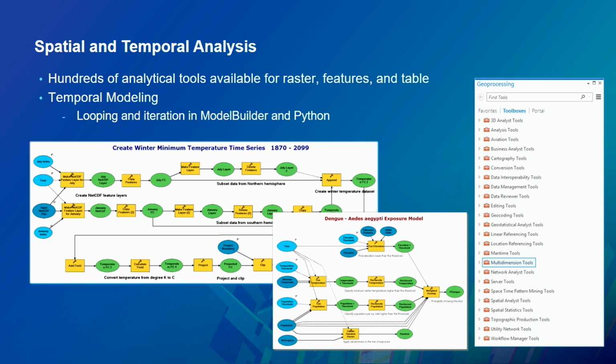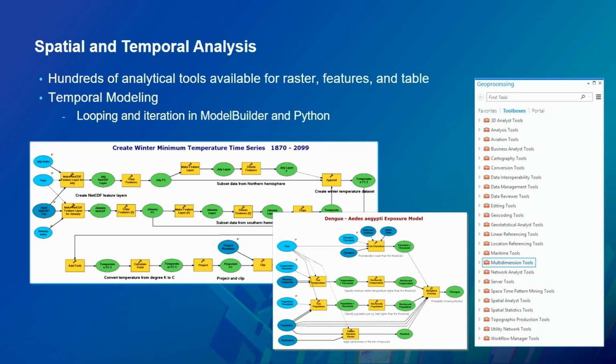think, we have this toolbox full of analytical tools, and what we wanted to do is take advantage of all those tools with scientific data. The only way we could do it is if we start to recognize scientific data like any other raster, feature, or table. So if we go back all the way to our Make tools, it says Make NetCDF Raster Layer, Make NetCDF Feature Layer, Make NetCDF Table View.